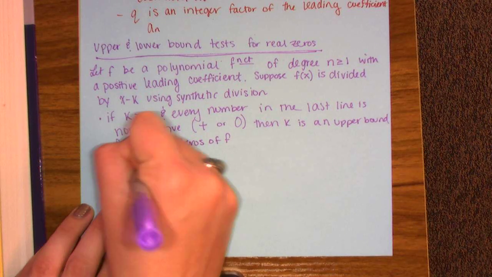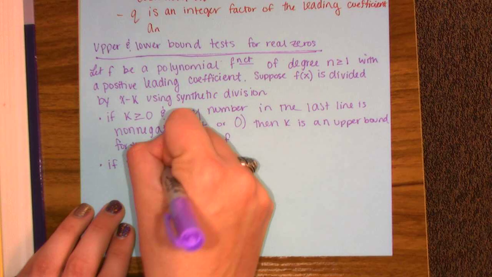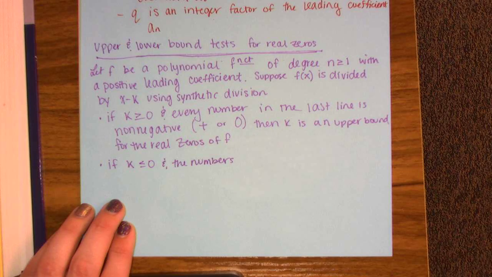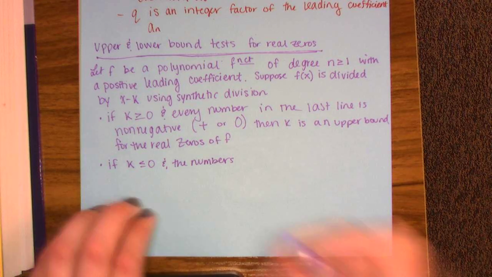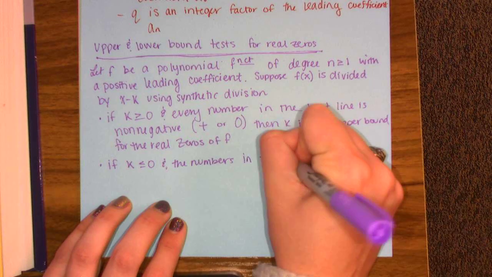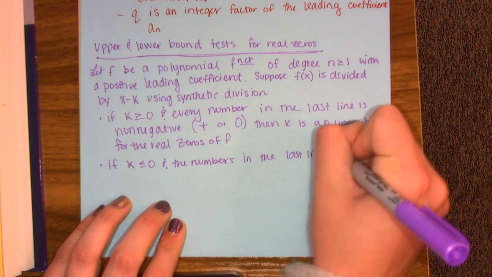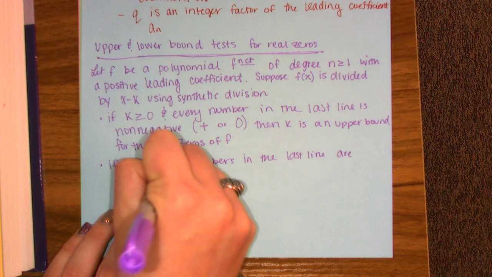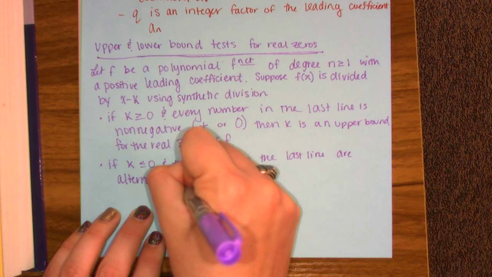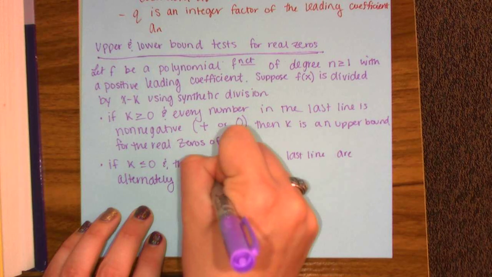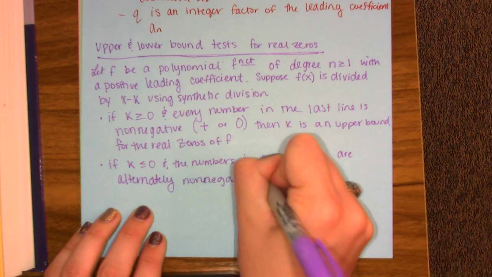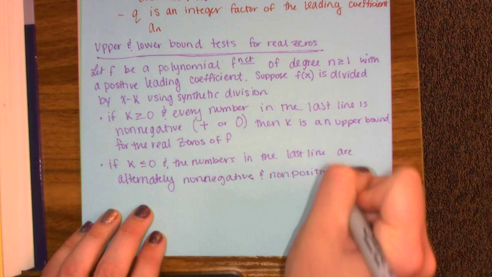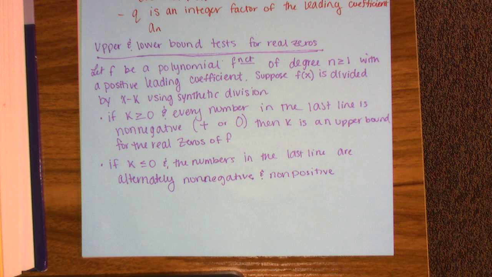If k is less than or equal to 0, and the numbers in the last line are alternately non-negative and non-positive, so alternating, like plus minus.